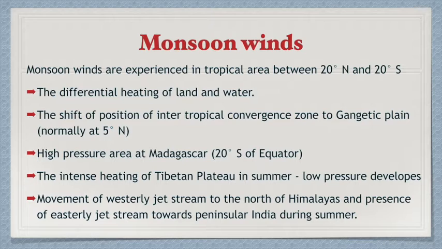So high pressure develops on the southern side. So wind moves from south to north, from southwestern direction to northeastern direction due to Coriolis force. So the first and foremost reason for developing monsoon wind is differential heating of land and water.